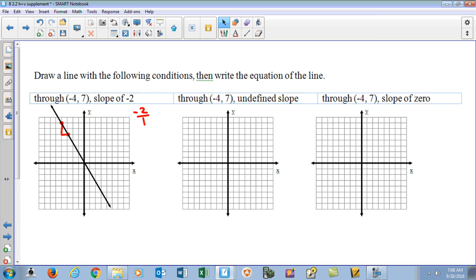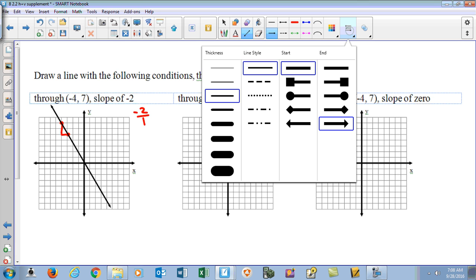All right. Well, then they said, look at the next one. Through negative 4, 7, so it's the same point, right? Right here. But now, what do you notice about the slope? It says undefined. What do you remember an undefined slope was? Who remembers?